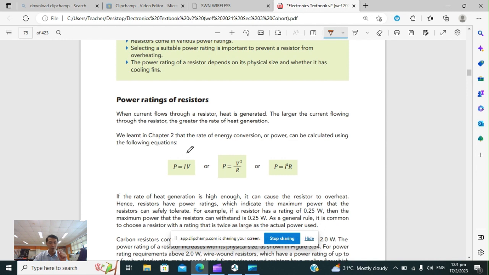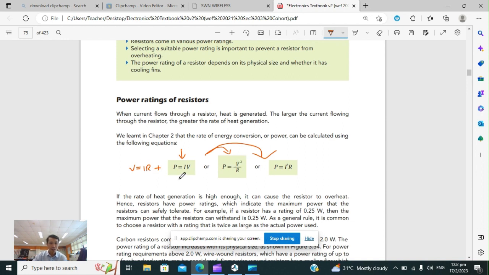These are three formulas to calculate the power needed for that particular problem. P equals IV, P equals V squared over R, P equals I squared R. You can remember all three formulas as is, or you can just remember one formula and derive the others using P equals IV plus V equals IR.